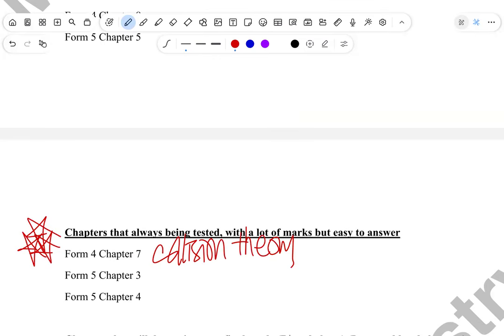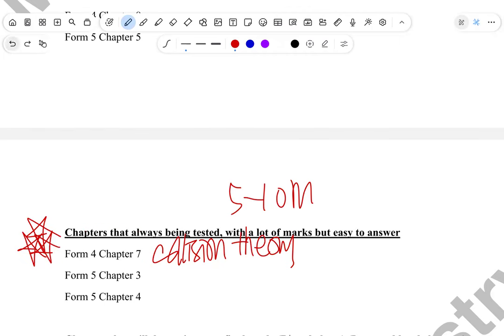My aim for you for collision theory is to score full marks. Collision theory full marks is 5 to 10 marks, very easy and achievable. If you know how to do Form 4 Chapter 7, you can get a lot of score from there, and it is asked every single year.